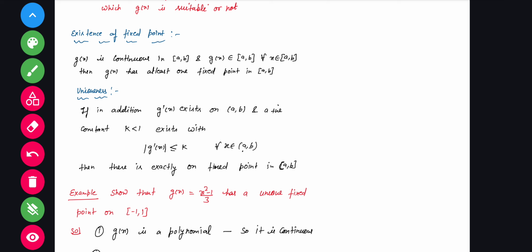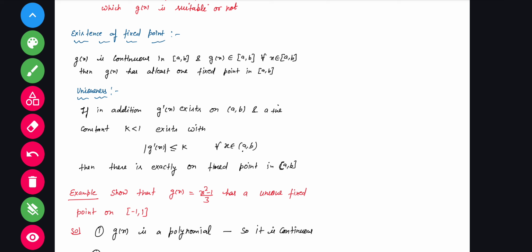We need to show that on paper while writing in the examination. So how can we prove that the g of x really contains the fixed point and converges?